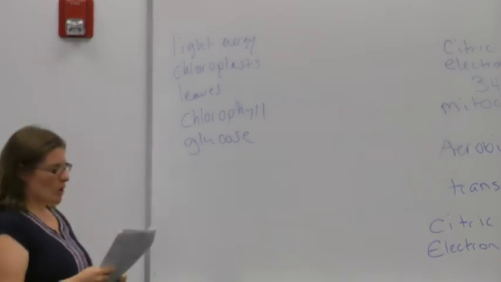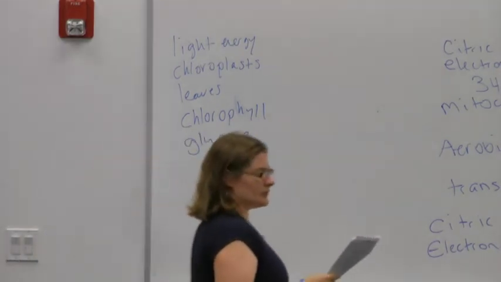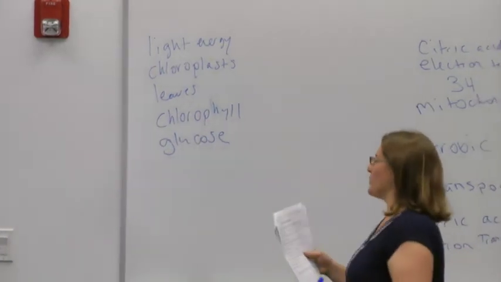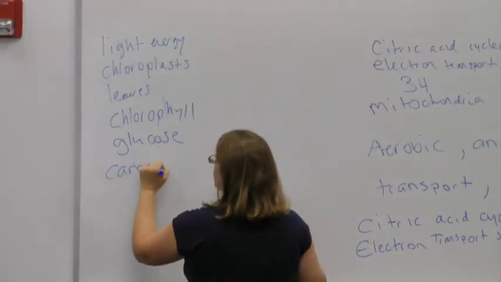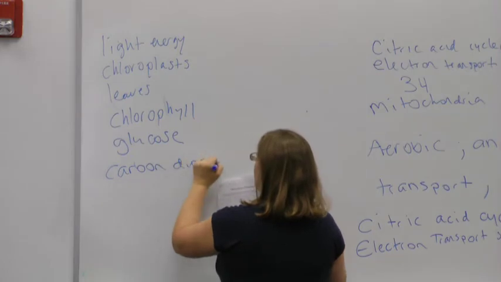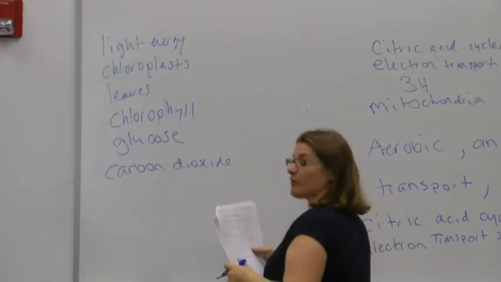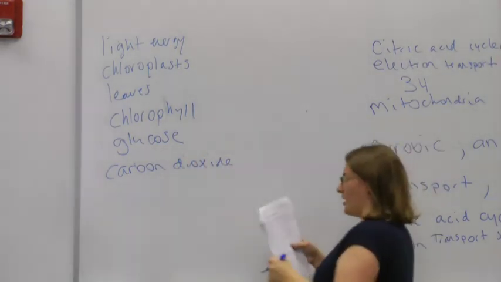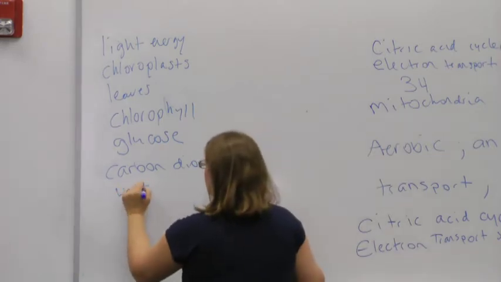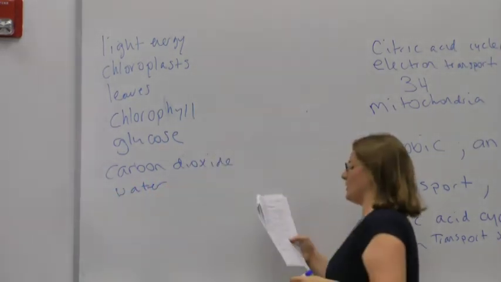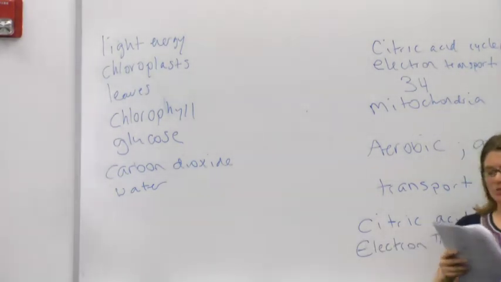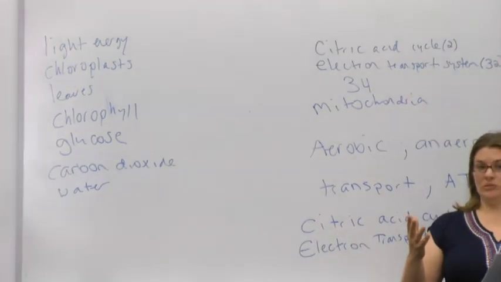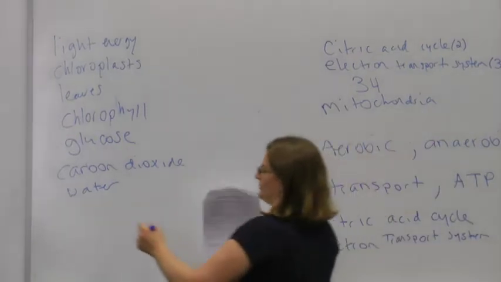A plant absorbs what from the air? Carbon dioxide. A plant absorbs carbon dioxide from the air and what from the soil? Water. The plant uses some of its stored chemical energy to split water into hydrogen and oxygen.